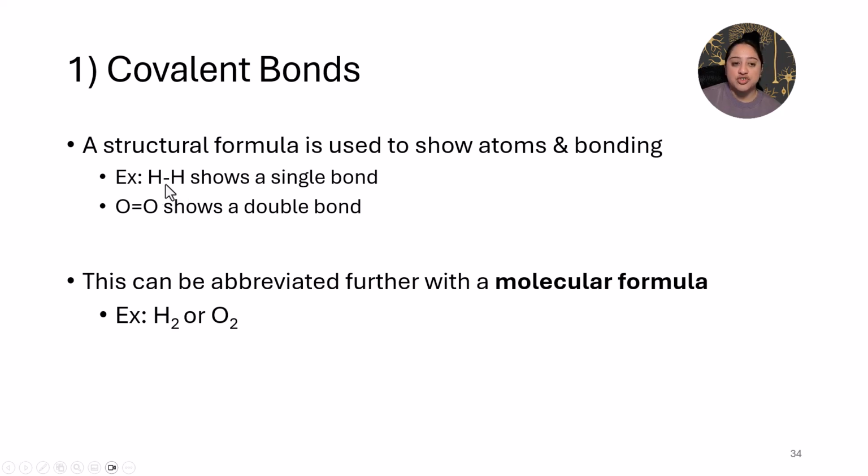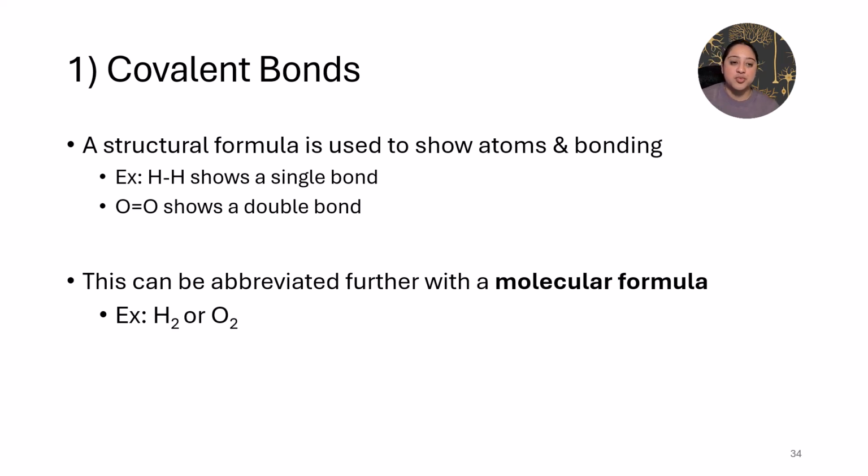So an H, a line, and then an H shows that there's a single bond. And then an O and an equal sign with another O shows that it's a double bond. But that's more work. It's kind of implied at some level how stuff is combined. Or maybe we don't even care whether it's a single or double bond.